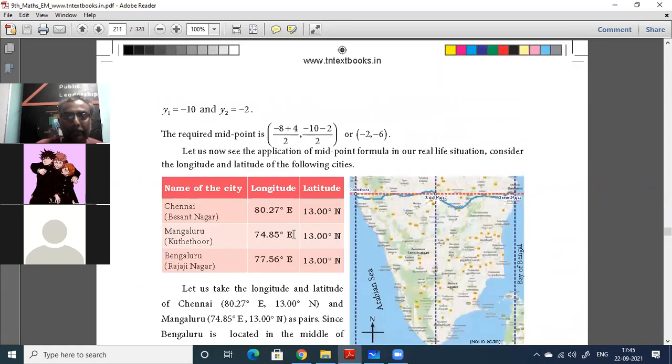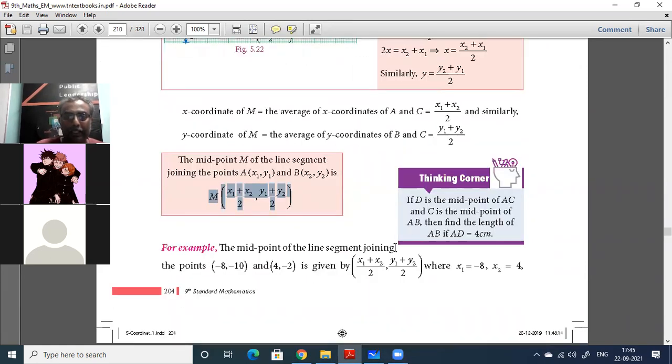Now let us find the midpoint of the line segment joining the points (-8, -10) and (4, -2). How will you get it? Very simple. You take this as x1, y1 and this as x2, y2. (x1 plus x2) by 2, (y1 plus y2) by 2.